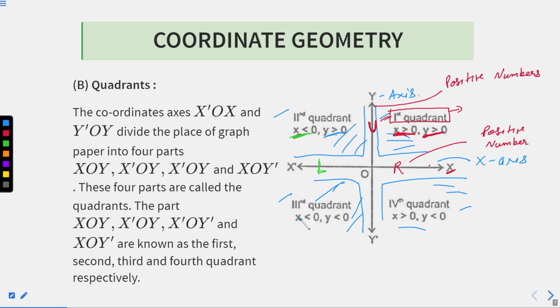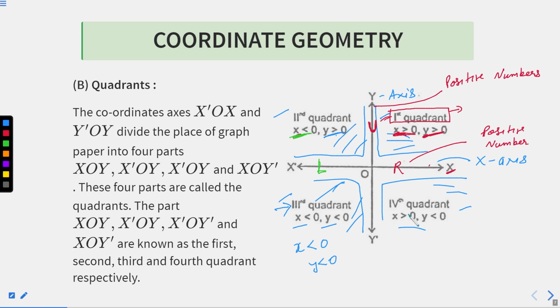Clear? Now in the third quadrant, we are on the left side of the x-axis and on the downward side of the y-axis. So x and y both are negative, meaning x is less than 0, and y is also less than 0.